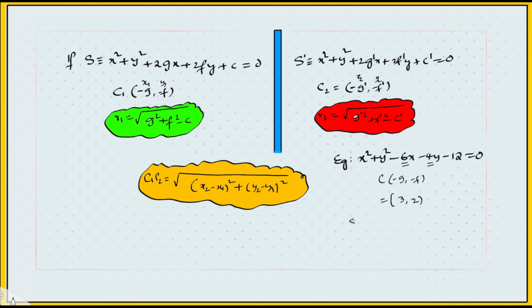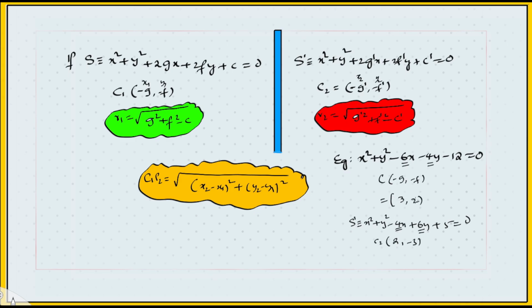For example, we have another circle S dash: x square plus y square minus 4x plus 6y plus 5 equals 0. C2, the center of this second circle, is half of the x coefficient. X coefficient is how much? Minus 4. So 2. And half of the y coefficient with opposite sign, minus 3.